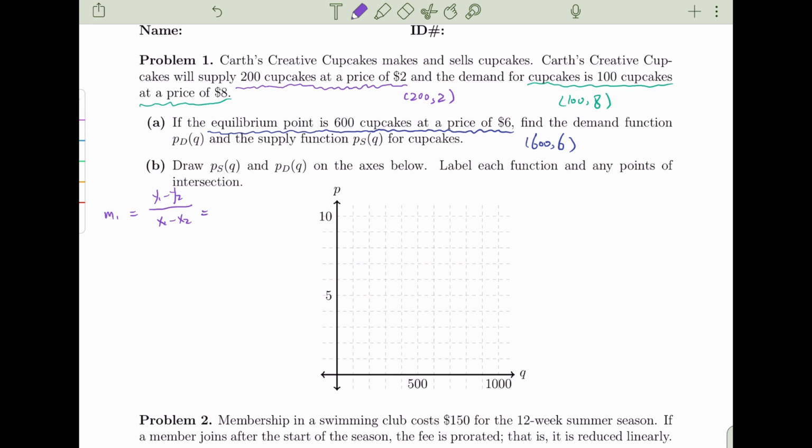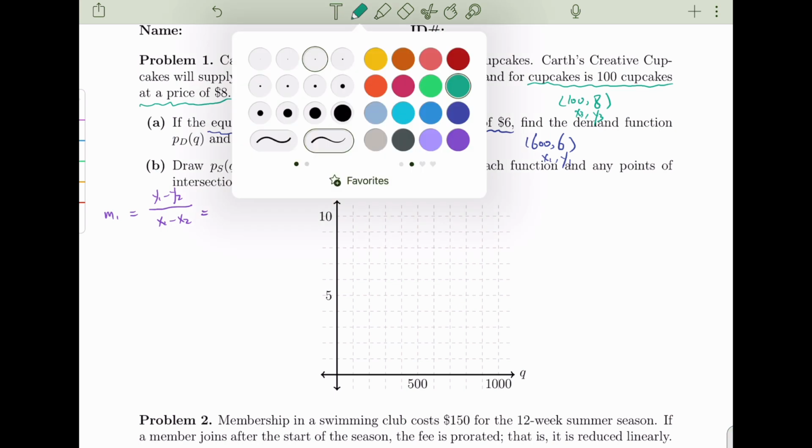And now which one is our x1, y1, which one is our x2, y2? I will say this is my x1, y1, and this is my x2, y2, and this is my x3, y3, which I'm going to use later.